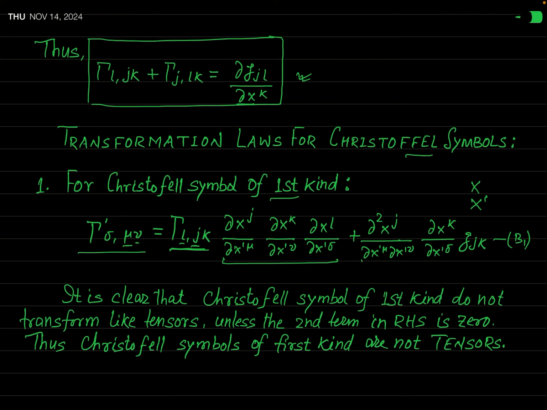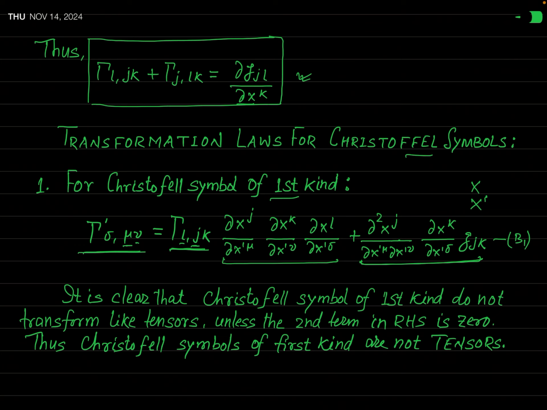But this is the extra term. You should remember it. The first term has been written just on the basis of the transformation law of a third rank covariant tensor. But the second term is the extra term, and due to the presence of this second term, you say that this Christoffel symbol does not transform like a tensor.